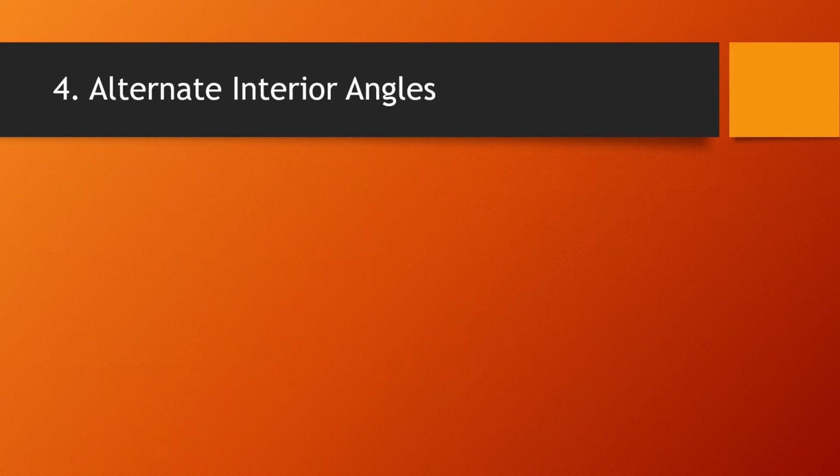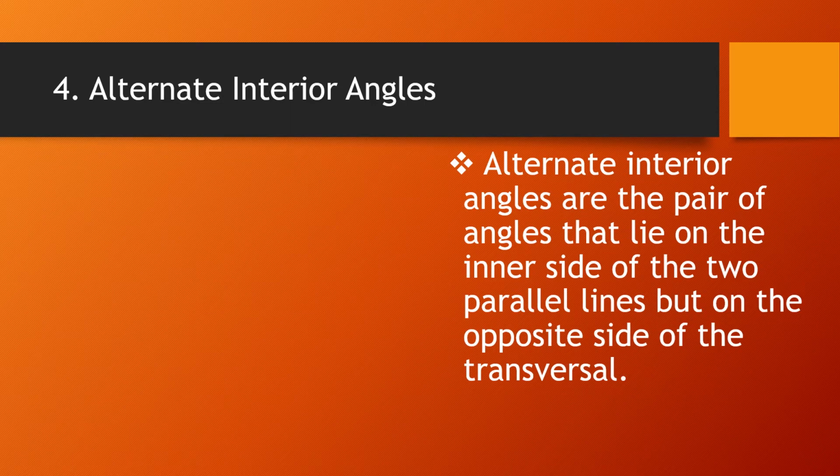Next angles that are formed are alternate interior angles. So these are the pair of angles that lie on the inner side of the two parallel lines but on the opposite side of the transversal. You remember, inner side but on the opposite side of the transversal.